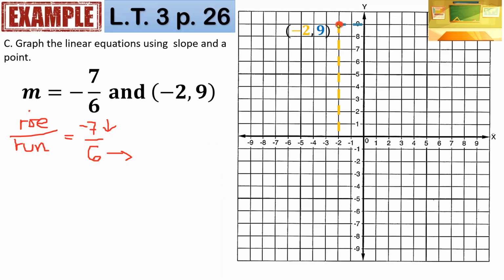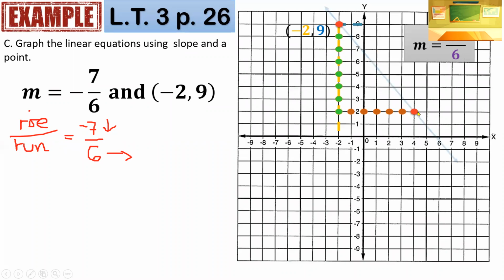So from this point, baba ako ng 7. 1, 2, 3, 4, 5, 6, 7. Okay po? 7 yan. Next, kanan ka ng 6. 1, 2, 3, 4, 5, 6. So, ibig sabihin yung point mo ay ito.